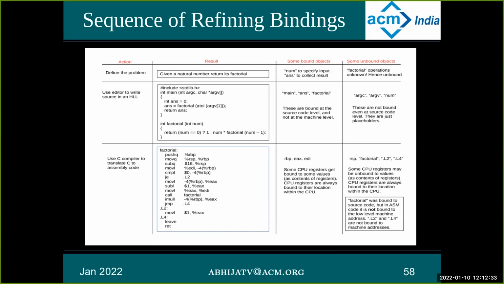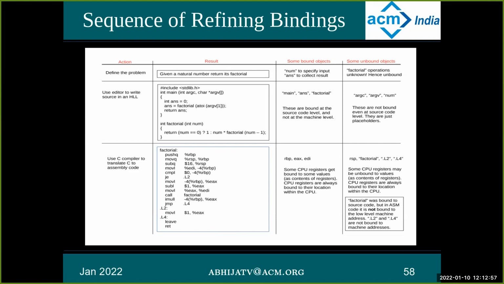Again, there are some points which are not bound. So the label factorial is not bound. You actually need to pass it through an assembler so that the memory address of factorial gets actually created. But that is going to occur in the next phase.